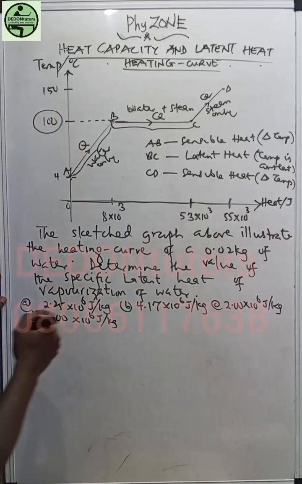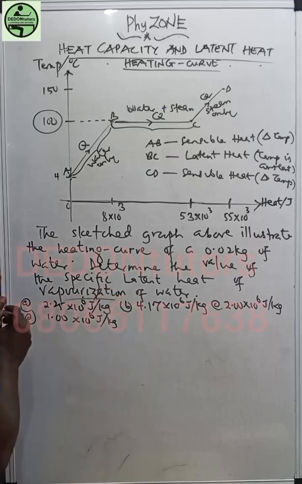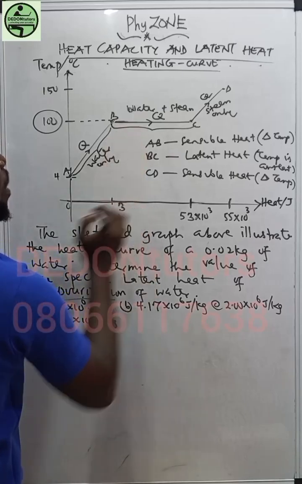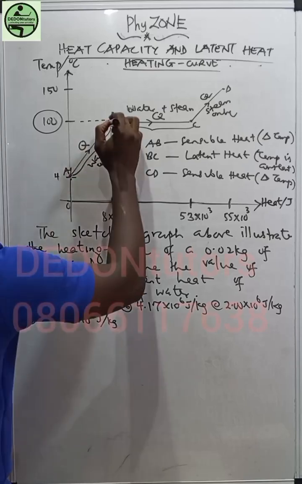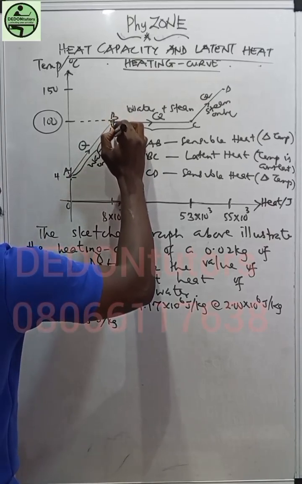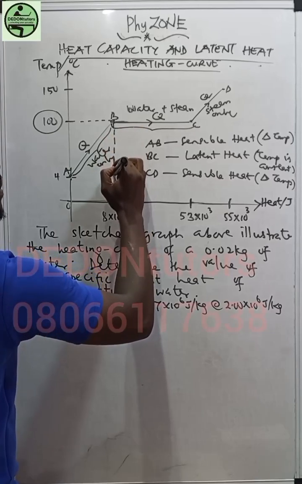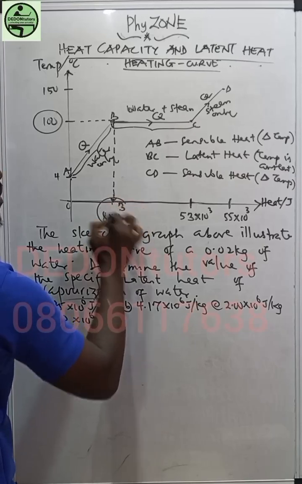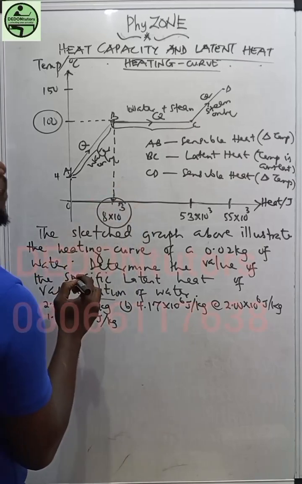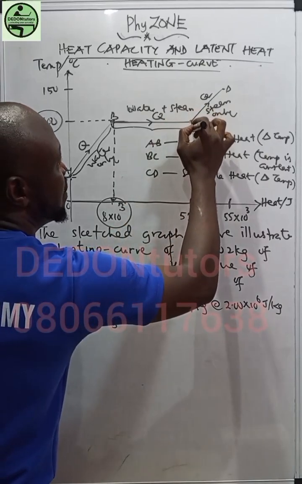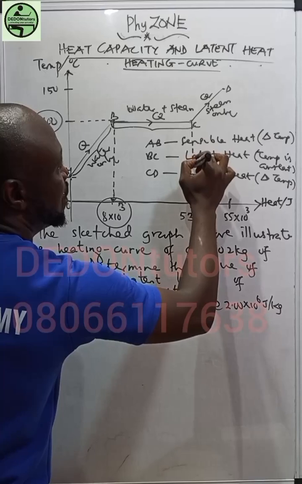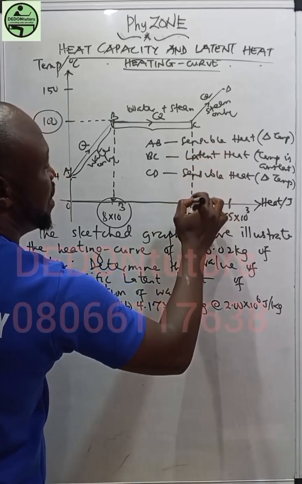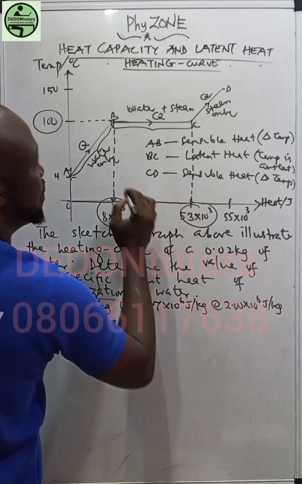So the question says the latent heat of vaporization. If you look at this graph at point B, you trace down to determine the heat at that point. This is 8 times 10 to the power 3. At point C, you trace down, and the value there is 53 times 10 to the power 3.